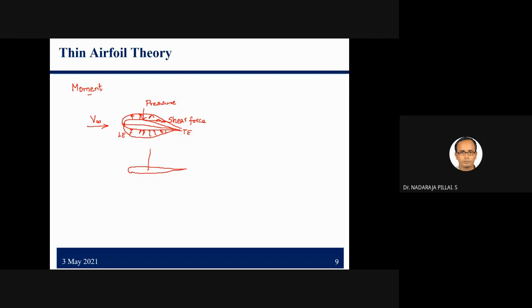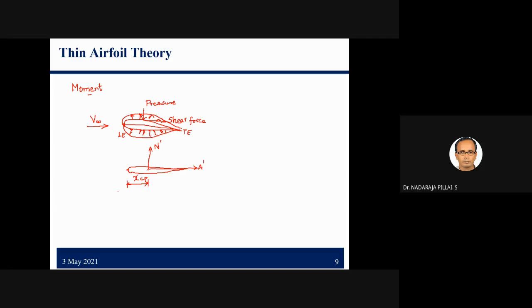I will write N dash as the normal force and A dash as the axial force, and the location of this point I mark as x cp, that is from the leading edge.